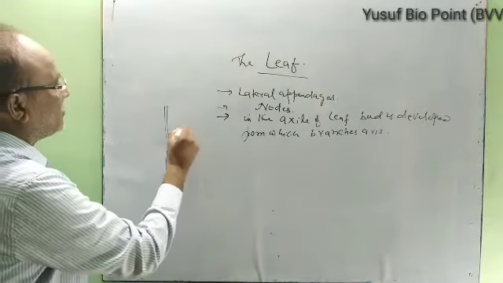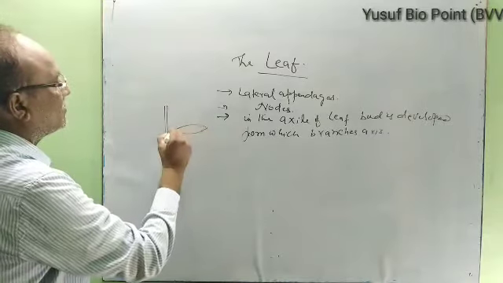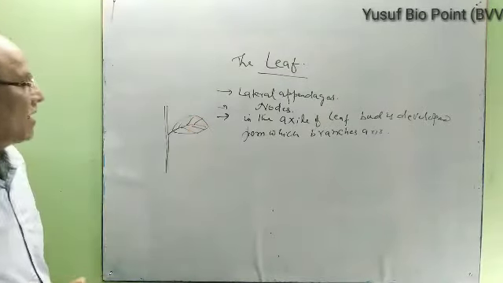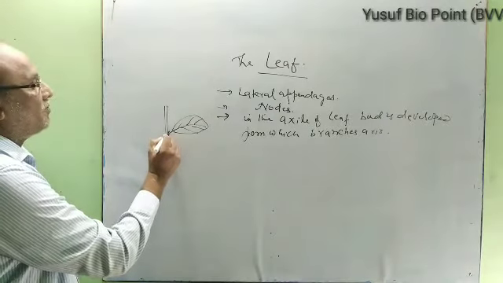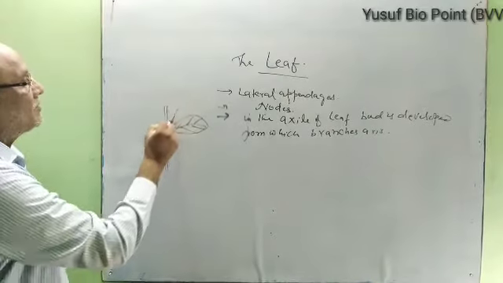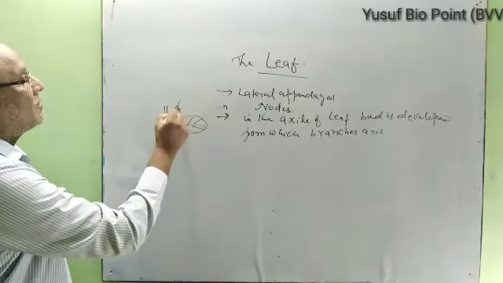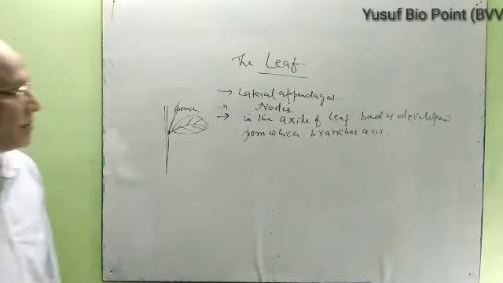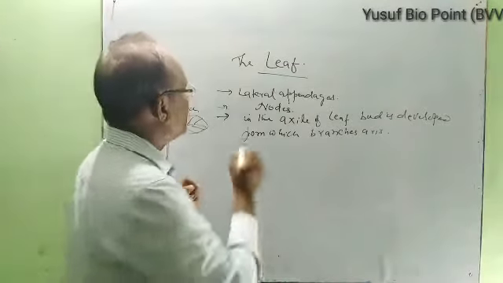This is the lateral part. From here the leaf is developed, and this is the axil, from which a bud is developed, and this bud develops into a branch.